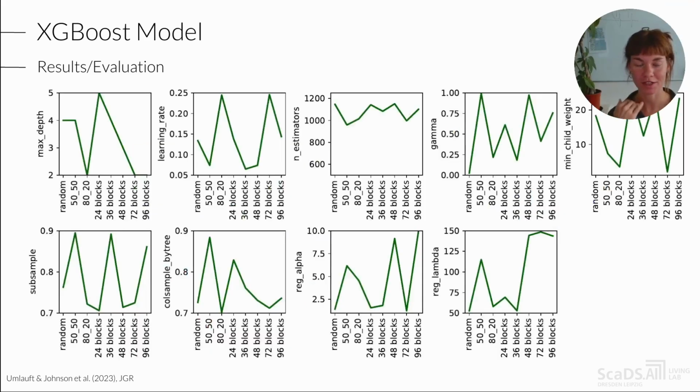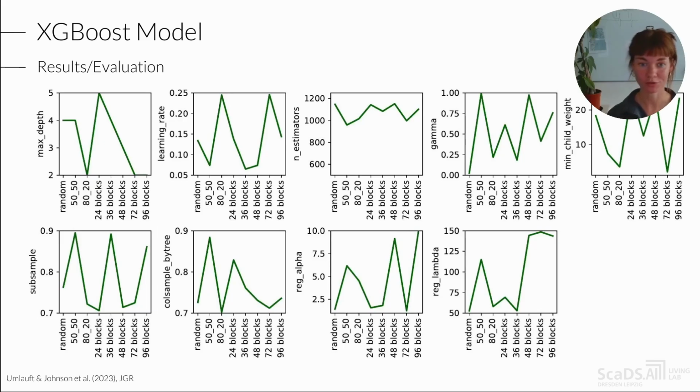So what we also did here is to look at the hyperparameters and did quite an extensive hyperparameter optimization for all these different kinds of splits. And here again, you can see that there's quite some fluctuation going on for these different kinds of splits. So there's not really an indication for going in one direction or the other. That's why we mainly focused on the performance together with the robustness against smoothing.